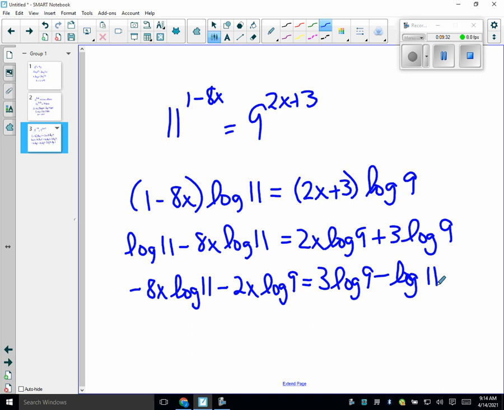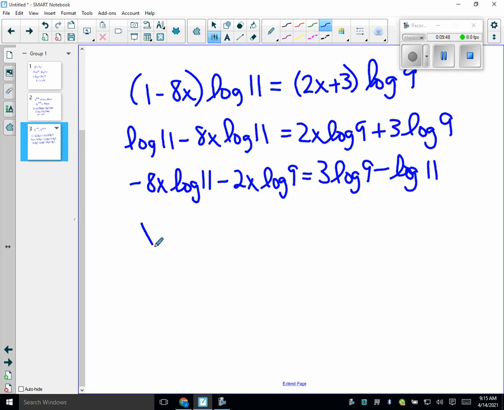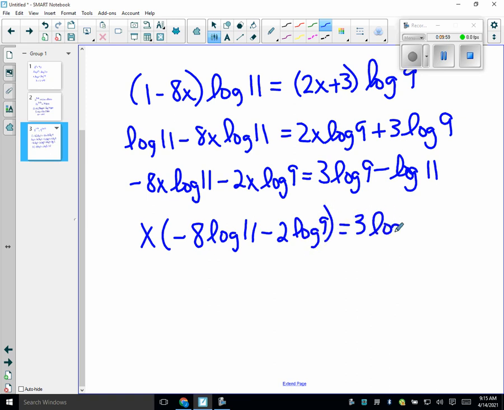Is there something I can factor out of this side? Well, actually, I would just factor out an x, because isn't that what I want to solve for? So x times (negative 8 log 11 minus 2 log 9) equals 3 log 9 minus log 11.